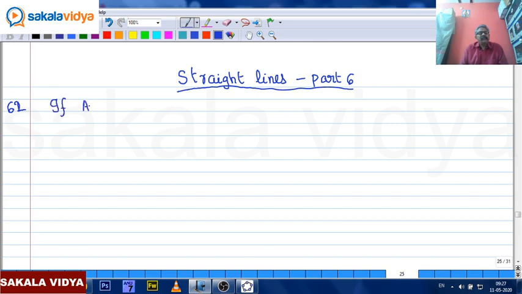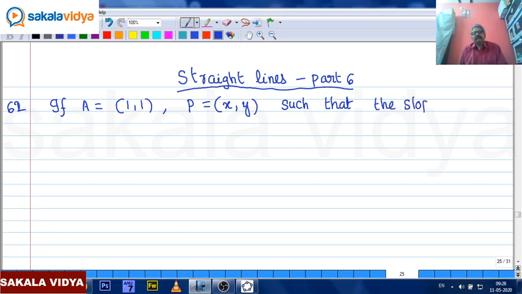If A equals to 1 comma 1, P equals to x comma y, such that the slope of AP is 1 and AP is equal to root 2.